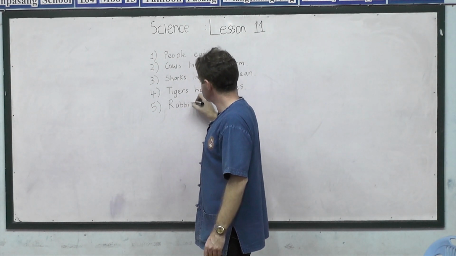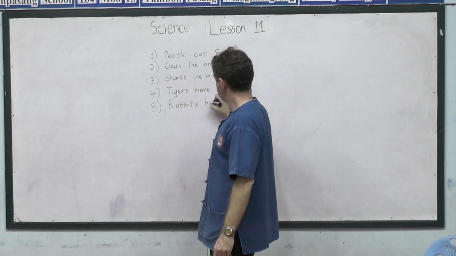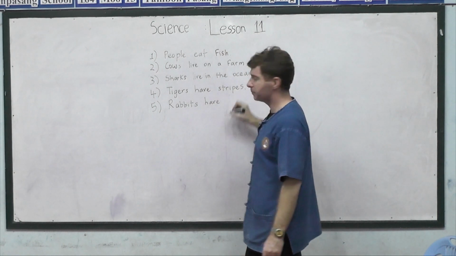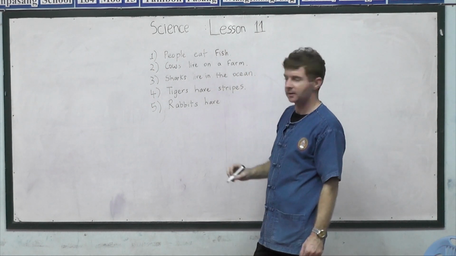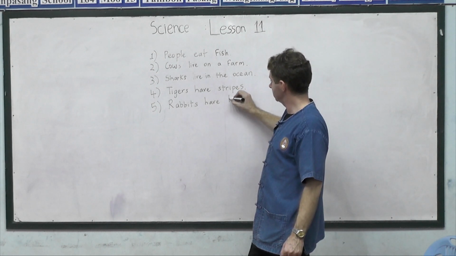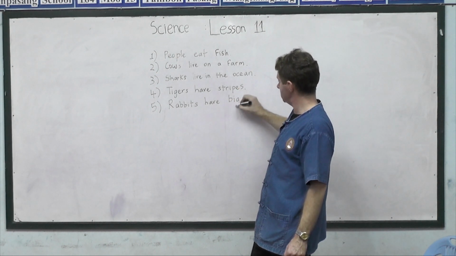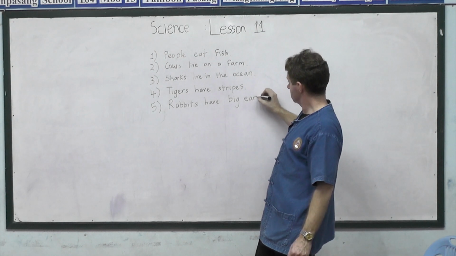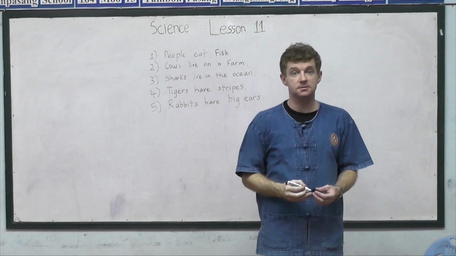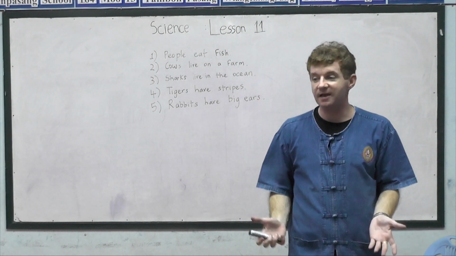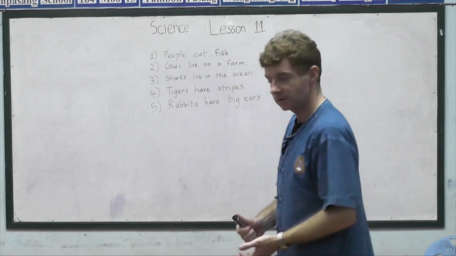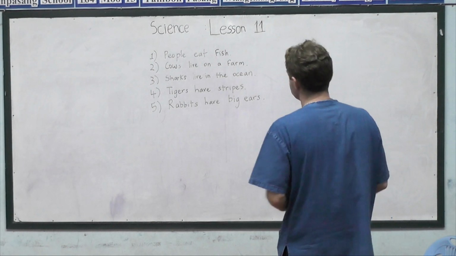But rabbits have big or little ears? Big ears. How do we spell big? B-I-G. Big ears. Rabbits have big ears. So guys, we're halfway there.